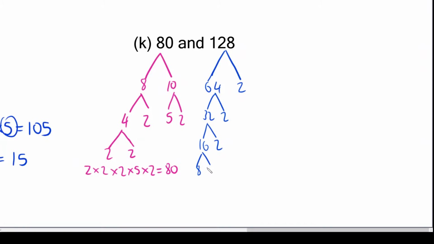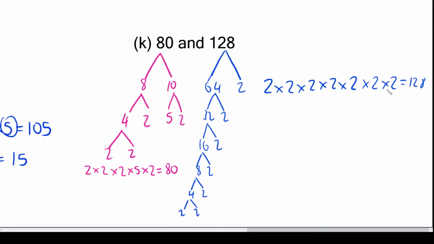And 8 and 2, 4 and 2, and 2 and 2 over here. So our prime factors are 2 times 2 times 2 times 2 times 2 times 2 times 2, seven 2s, equals 128. Let's check that on my calculator: 2 to the power of 7 equals 128.